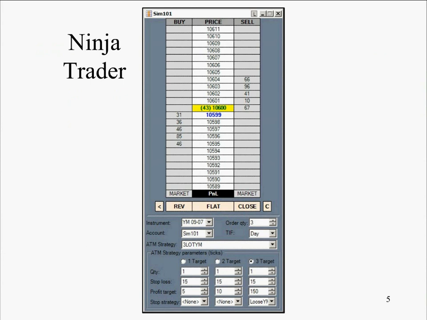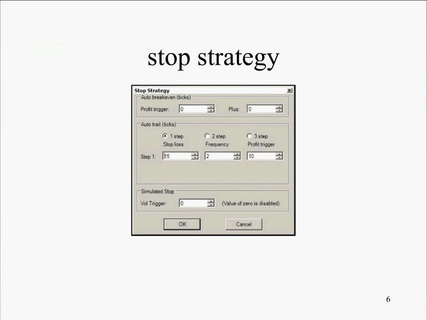Okay, so all that can be automated, where all you need is the actual entry, and then the money management part is taken care of for you. Okay, so this is what the stop strategy would look like for the third contract in that case.